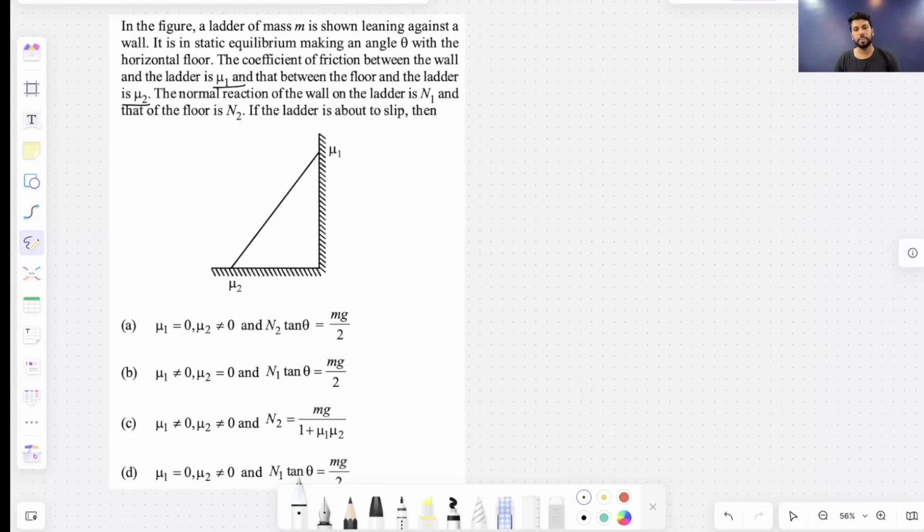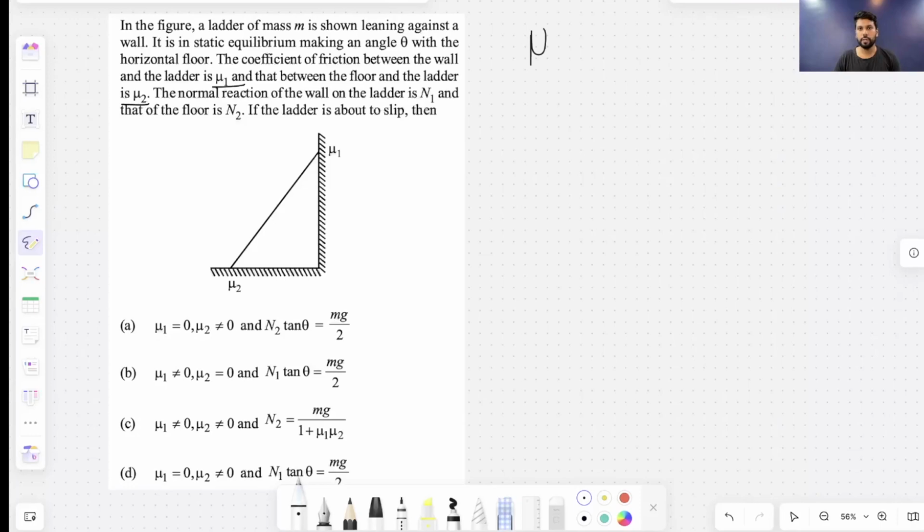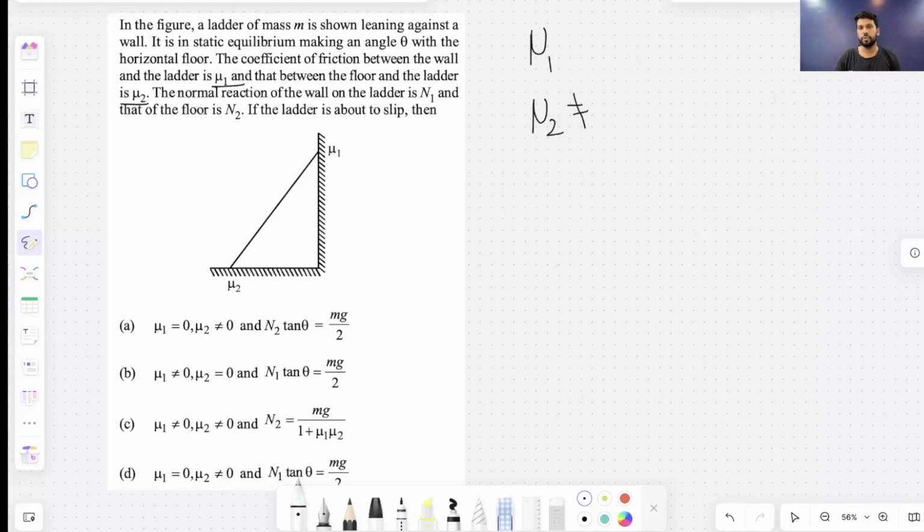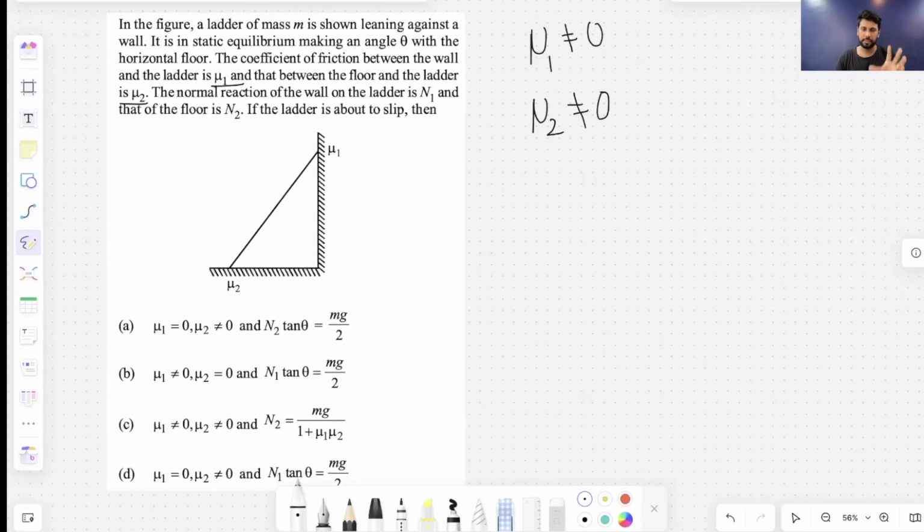Okay, what is going to be the condition here? So now I shall begin in this way. Since I have friction, I have mu1 and mu2, both are not equal to 0. Let me start with this condition. That means there is some friction which is holding this in static equilibrium.